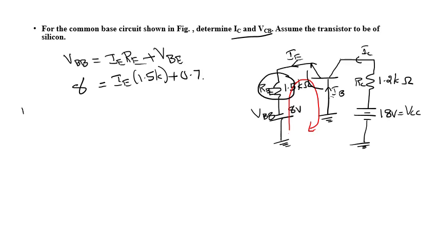So IE is equal to 8 minus 0.7 divided by 1.5K, and calculating this one, what you will get is 4.87 milliamp. So IE is equal to 4.87 milliampere.